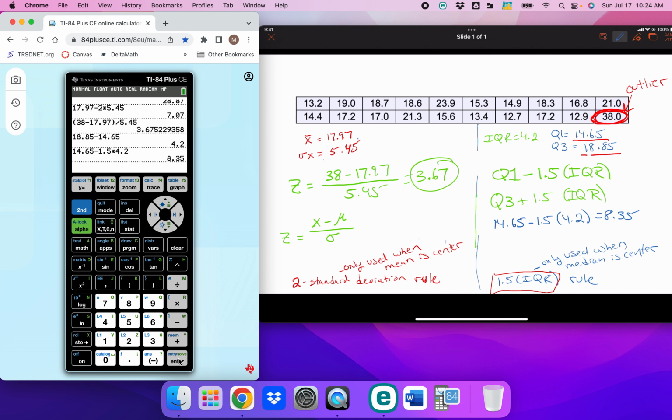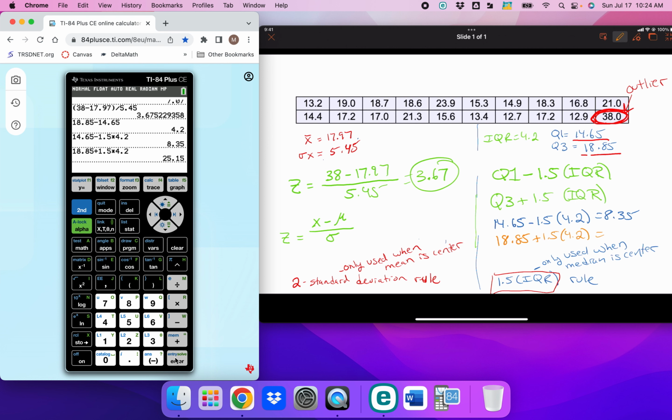In order to not mix my colors up, I'm going to change colors again. Now I'm going to do my Q3, which is 18.85 plus 1.5 times 4.2. So let's do this. 18.85 plus 1.5 times 4.2, enter.